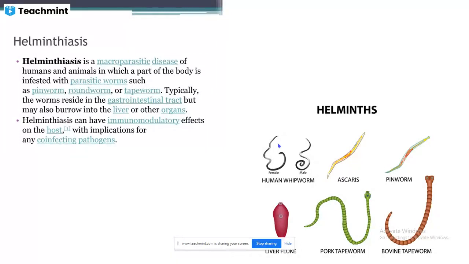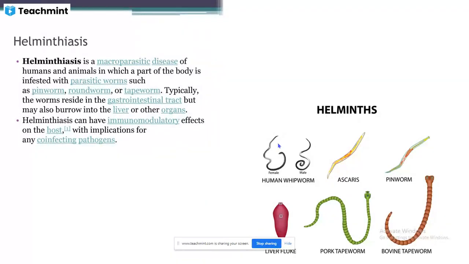So these enter into the body through the medium, and they remain in the intestinal parts, where they grow and multiply, meaning the number increases in the intestinal regions. Generally it is found in poor and illiterate people.